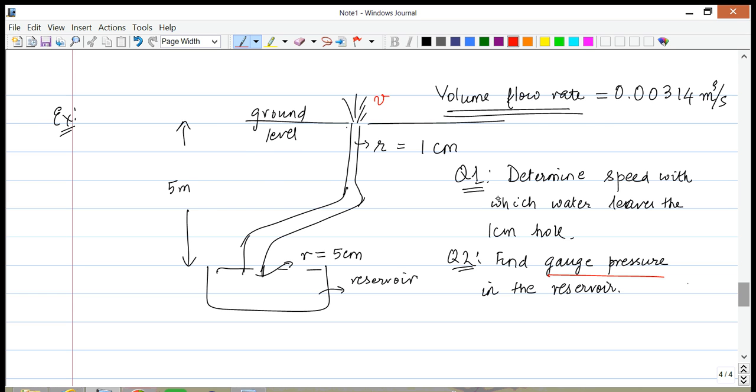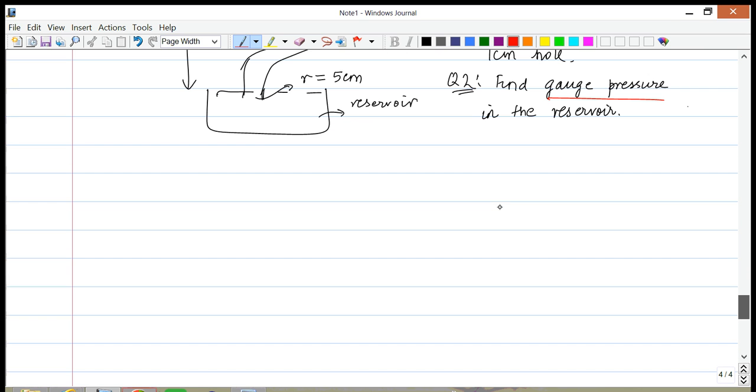Let's go ahead and start by answering question 1. First, what is the speed with which it's flowing? We're going to use our definition of volume flow rate. Volume flow rate, we know, is equal to the area times the speed.